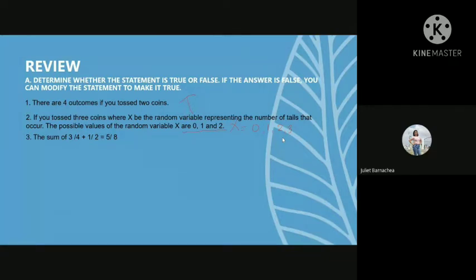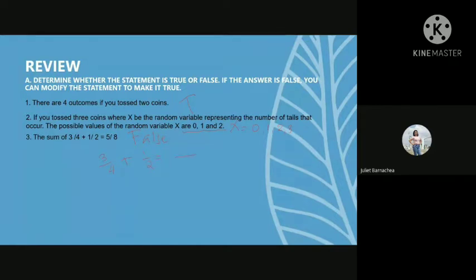Your answers are all true. My answer is false. It's false. What is 3/4 plus 1/2?